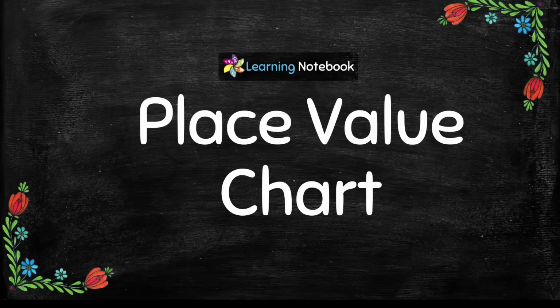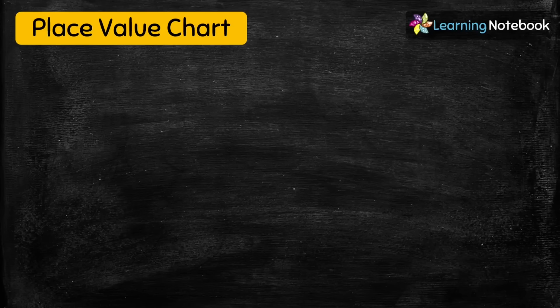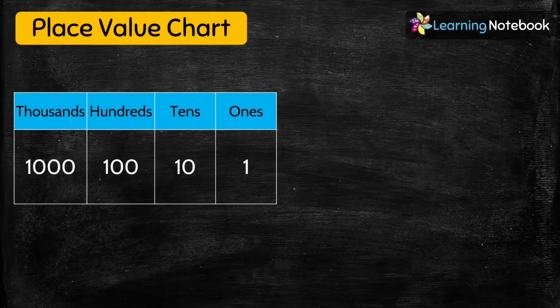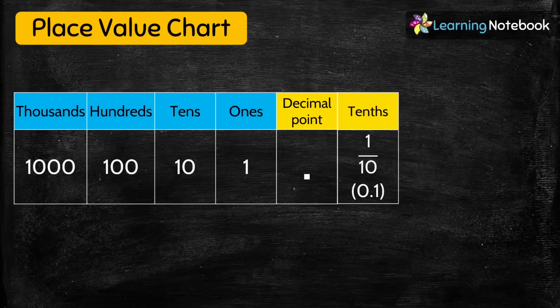Now let's understand the place value chart of a decimal number. The place value chart for whole number part remains the same, which is ones, tens, hundreds, thousands and so on. Next, we have the decimal point, and then there is tenths, which is 1 by 10 or 0.1.